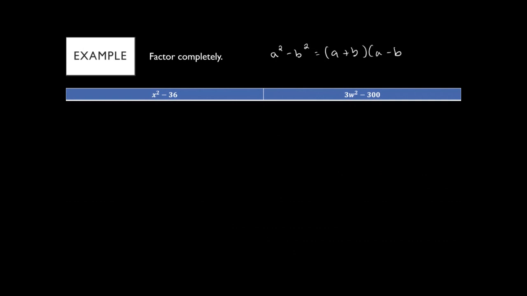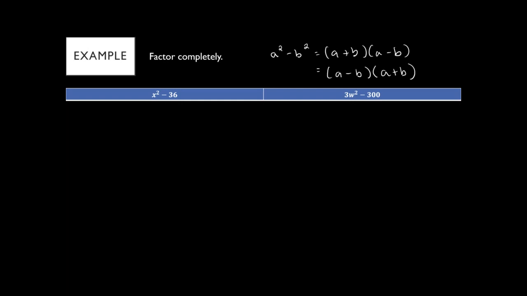I always put a plus b times a minus b, but honestly, the order doesn't matter here because the commutative property says the order of multiplication doesn't matter. If you want to put your subtraction first, that's fine. It's still the right answer, and it's equivalent.